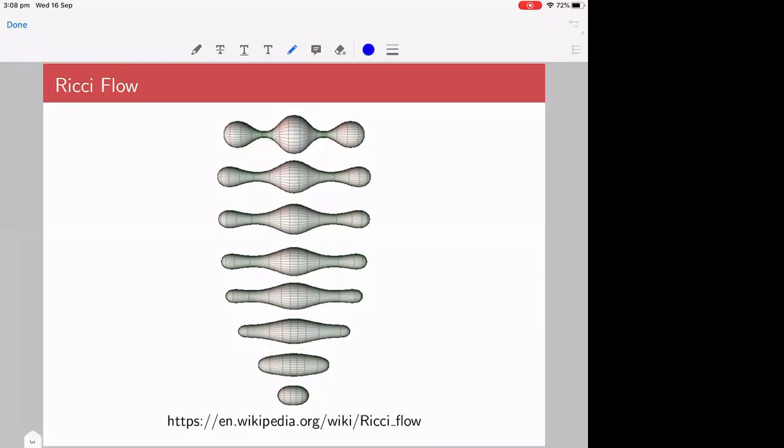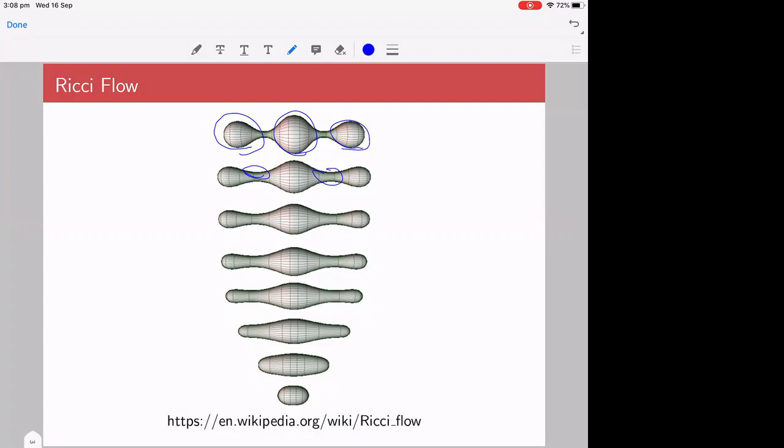Regions with positive curvature, these kinds of regions here, shrink under the Ricci flow, whereas regions of negative curvature, like these in here, tend to expand a bit under the Ricci flow. You keep shrinking the positively curved bits and expanding the negatively curved bits. It's interesting to see how these phenomena compete with each other and what the end result is.